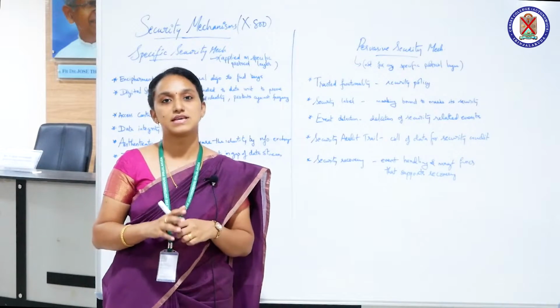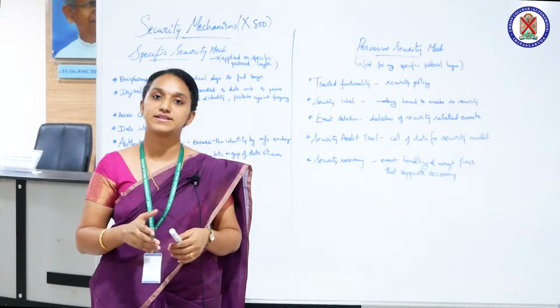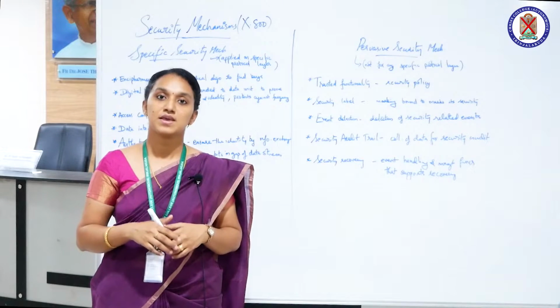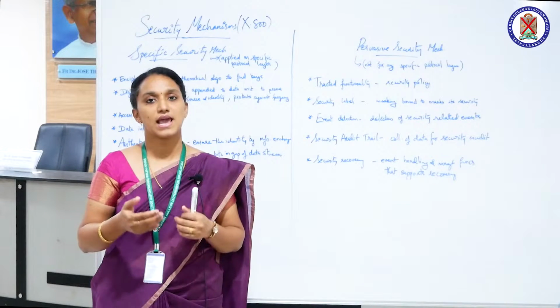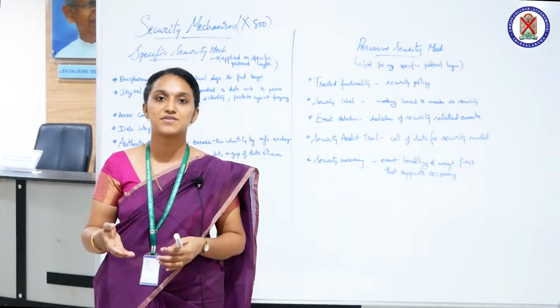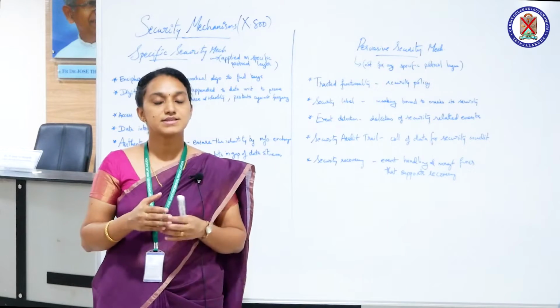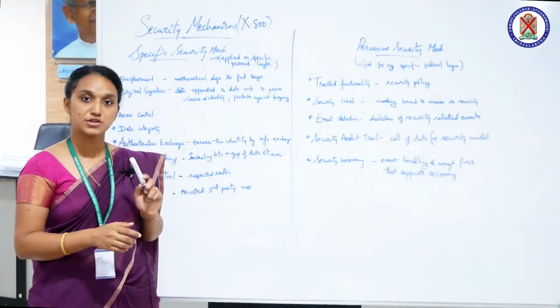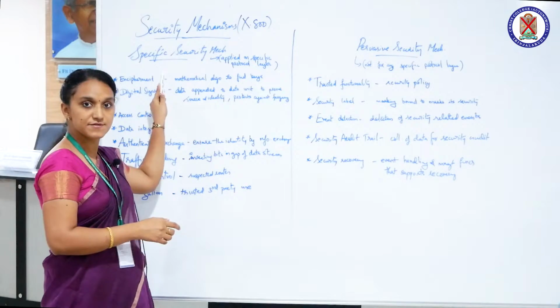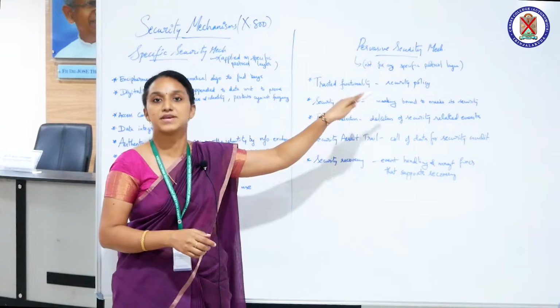Our next topic is security mechanisms. This can also be called X.800 security mechanisms. A security mechanism is any process that is used to detect, prevent, or recover from a security attack. In general, security mechanisms are classified into two. One is specific security mechanisms, the other is pervasive security mechanisms.